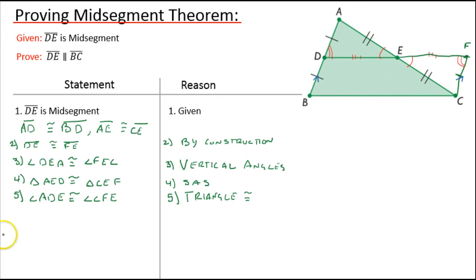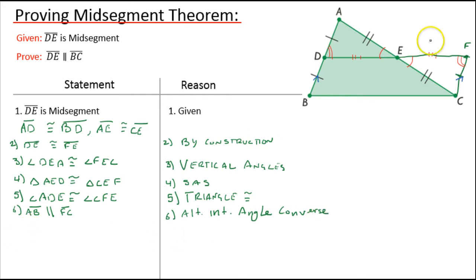So I'm going to write that as a statement. For 6, I know that segment AB is parallel to segment FC, and that's by the alternate interior angle converse theorem.